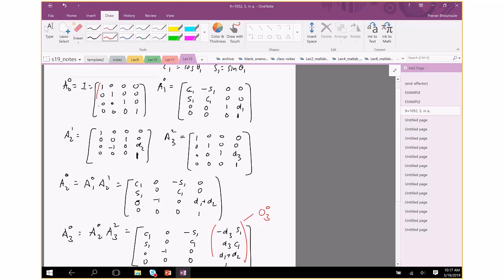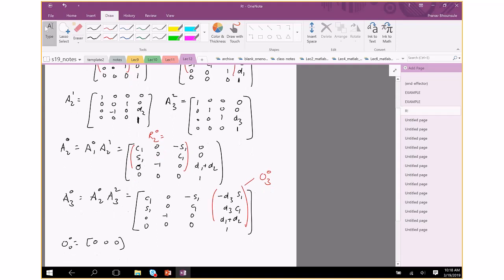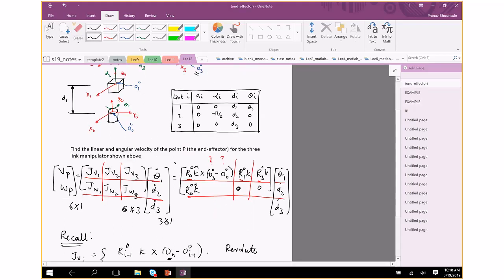This, by the way, is R00. This matrix is R10. This matrix is R20. So what are we after? We are after R00 times K, R10K and R20K. That is simply the third column of R00.